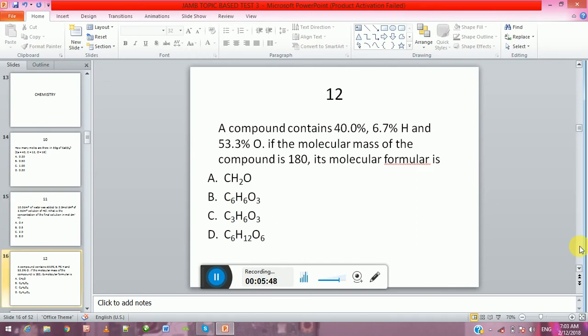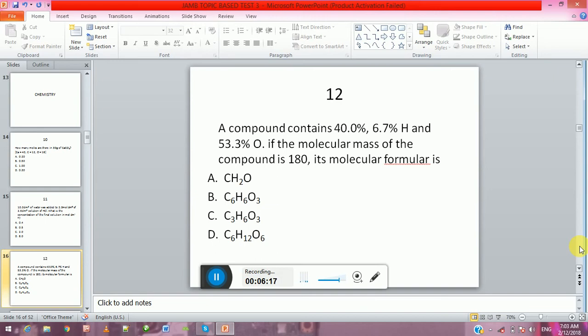A compound contains 40.0% carbon, 6.7% hydrogen, and 53.3% oxygen. I think there is a mistake earlier. It should be: a compound contains 40.0% carbon.